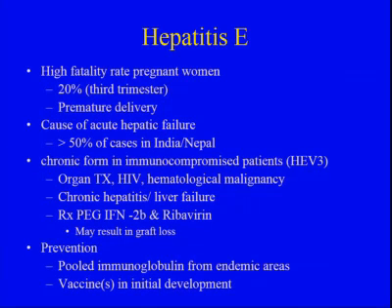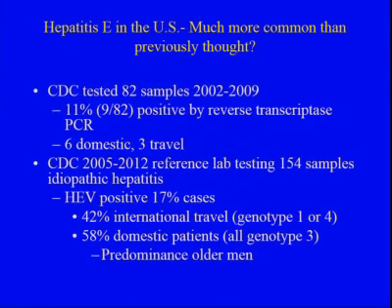It has a high case fatality rate in pregnant women and can cause premature delivery. And in countries like India and Nepal, it causes 50% of acute liver failure. In the United States, it's significant for patients who are immunocompromised, organ transplant patients, patients with malignancy, and chronic hepatitis.